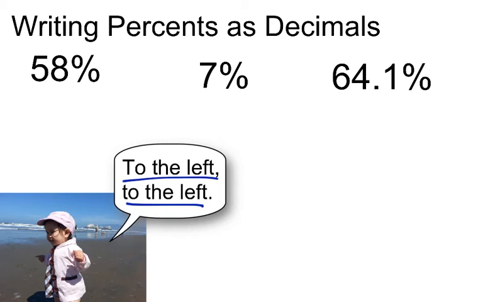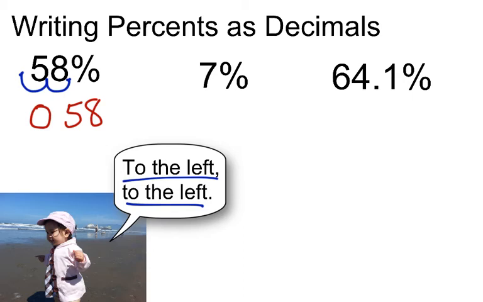So you look at the percent, start at the decimal, and if there is no decimal, of course, you start at the end of the number, and you move it 2 spaces, 1, 2, to the left, and then you can rewrite it as a decimal, 0 and 58 hundredths. Literally this says 58 hundredths. Remember, percent means per hundred.